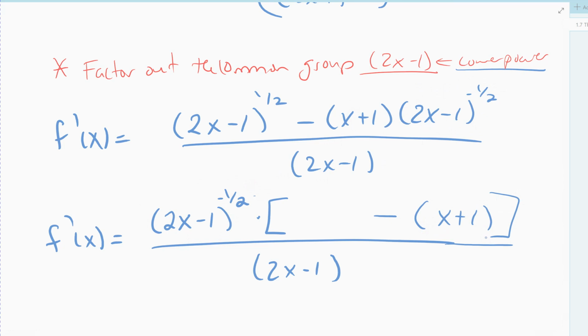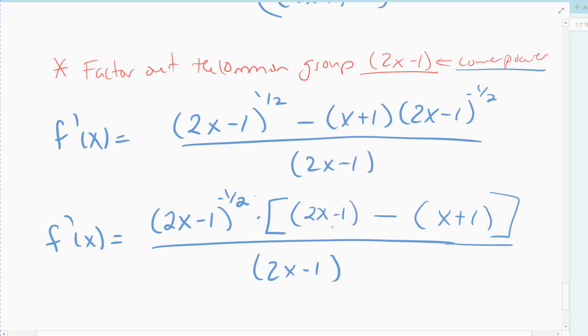And there is. In this first term, I'm pulling out a negative 1/2. Well, it's a positive 1/2. So when I'm pulling it out, I'm dividing by that. And so really, I'm taking a positive 1/2 divided by a negative 1/2. And so what's left over is one of those.